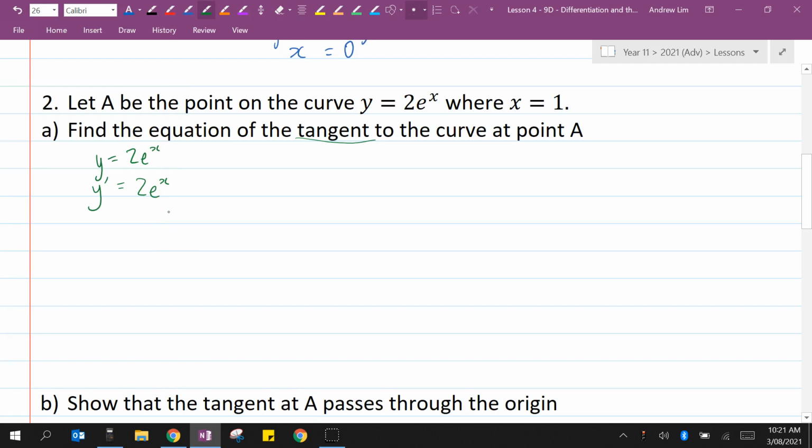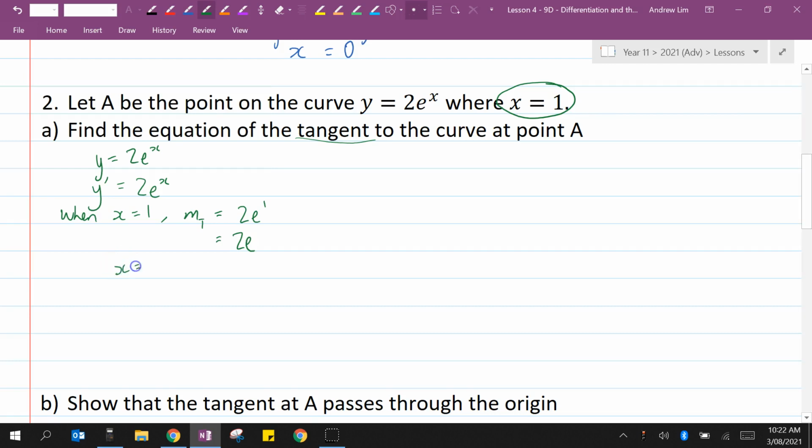So that's our gradient function. So when x is equal to 1, because that's what the question says, the gradient of the tangent will equal 2e to the power of 1, which is just 2e. We also need to know what y is equal to.